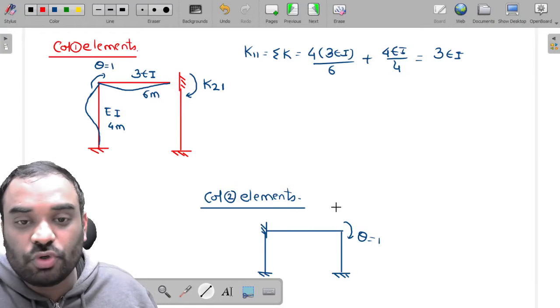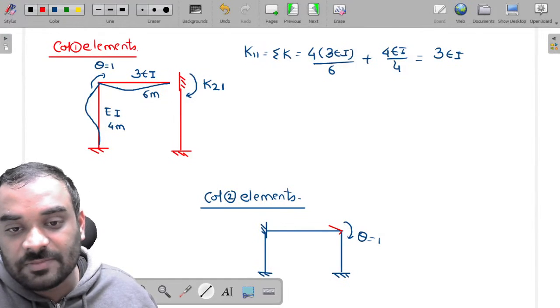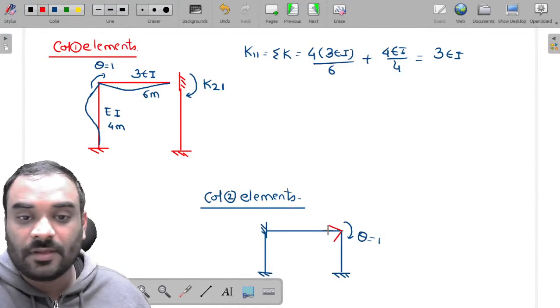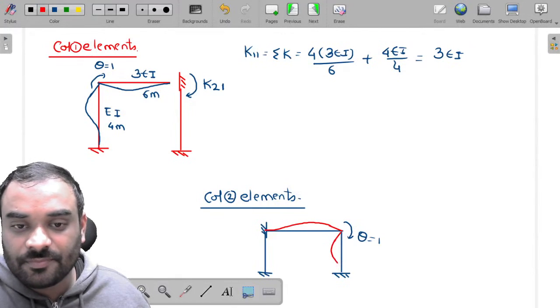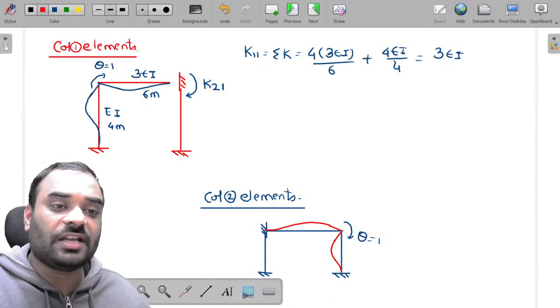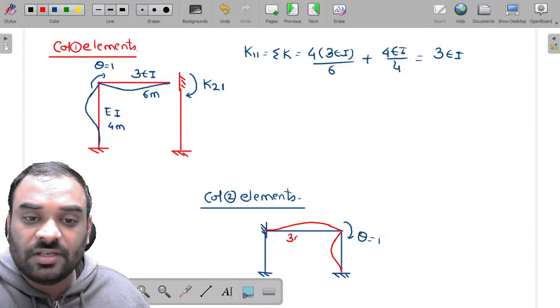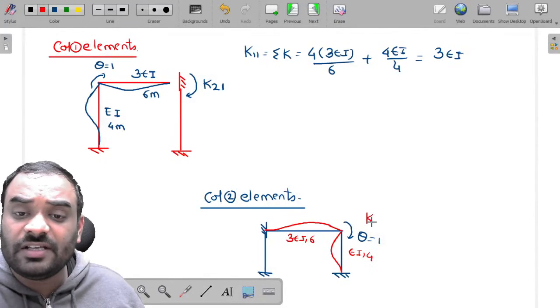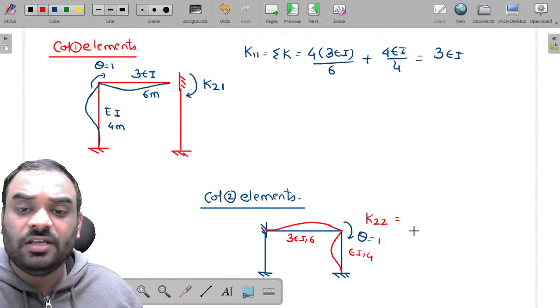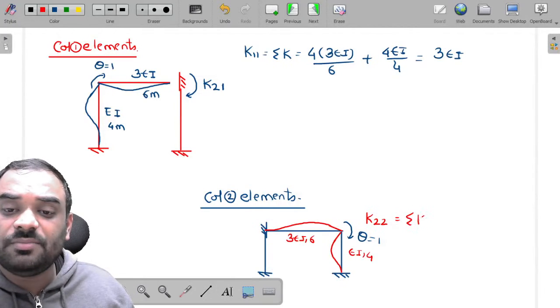Then this particular portion will try to deflect in this manner. Now, my dear friends, again the same parameters are given to us, that is 3EI and 6, and EI and 4. Now, this particular element is nothing but K22.